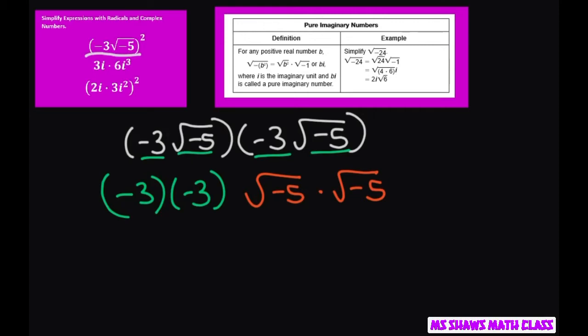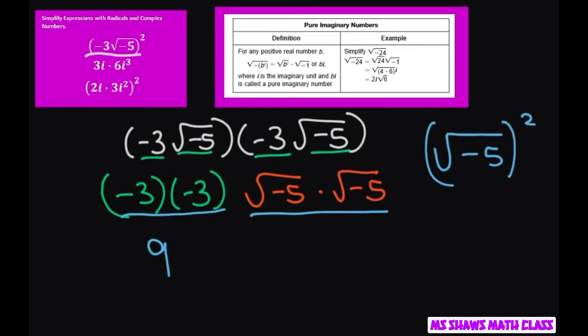Well, the first part's easy. Negative 3 times negative 3 is 9. So you have 9. Now this one, we have two of these. So basically it's square root of negative 5 squared. So you can just say this is negative 5.